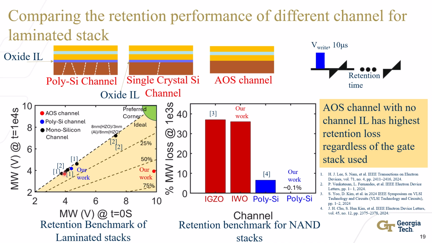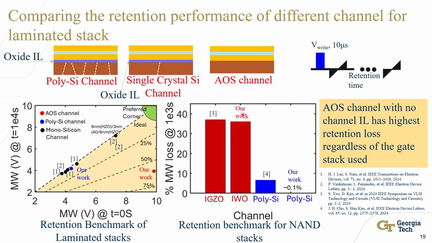That is what we see for most of the laminated Fe oxide stacks in our work and in previous work. However, that's only true for single crystal silicon channel and polysilicon channel. In the case of an AOS channel, we see a significant memory window loss of more than 50% at 10,000 seconds.